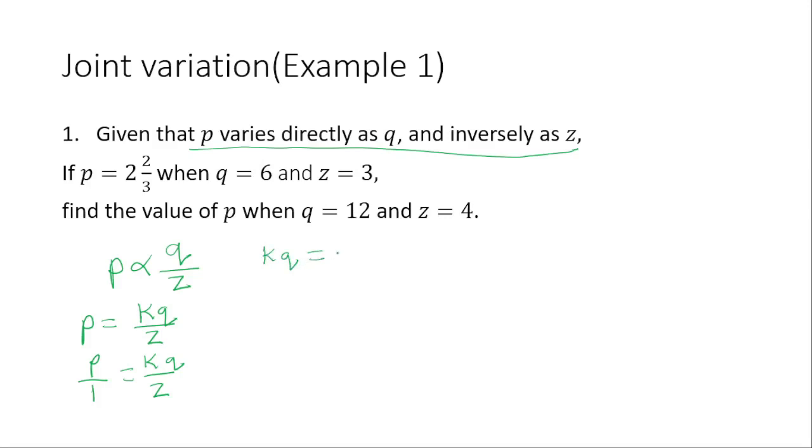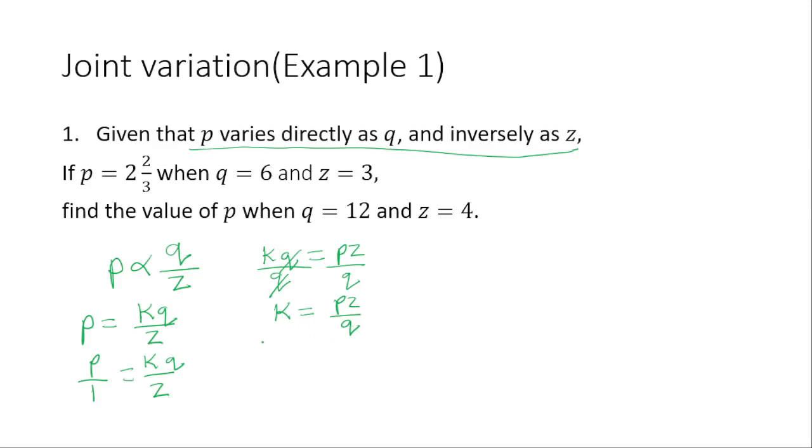P multiplied by Z will be PZ. We just need to have the K on the left hand side, so we divide both sides by Q. The Q on the left hand side goes, and we are going to have this situation.